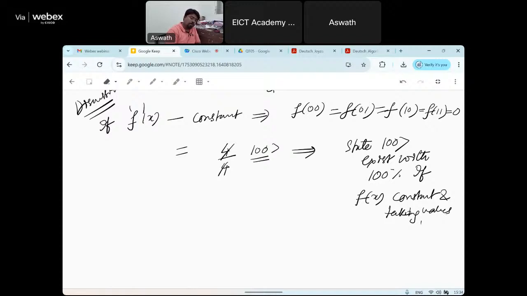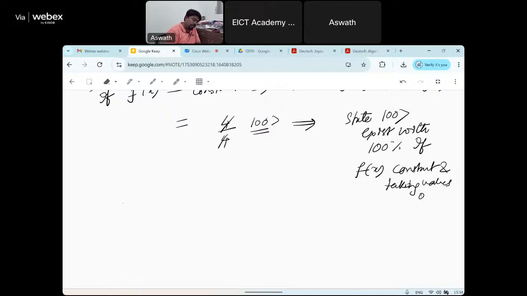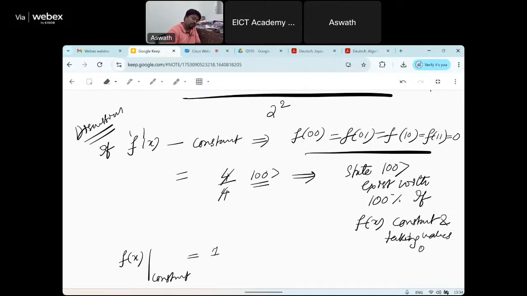Now let's take f of x constant and taking a value of 1. In that case, let's analyze this one itself.